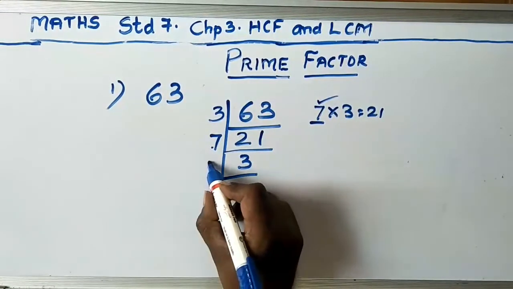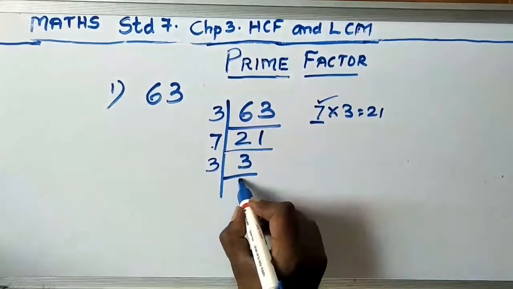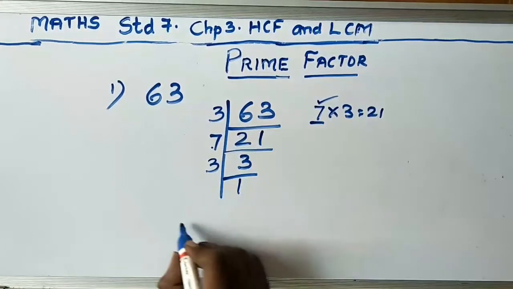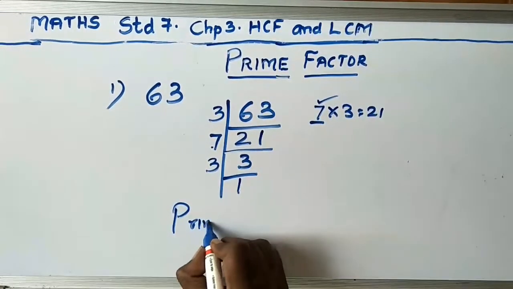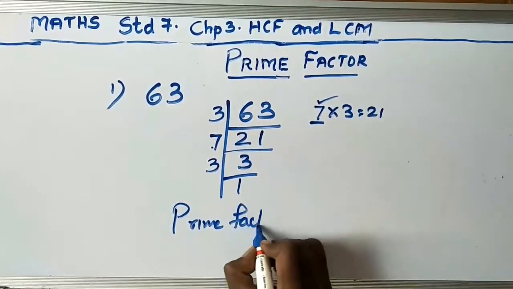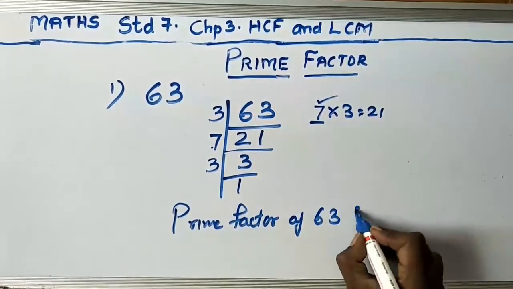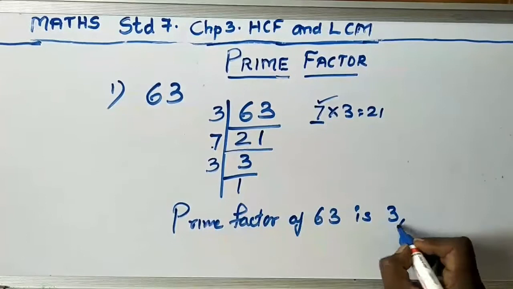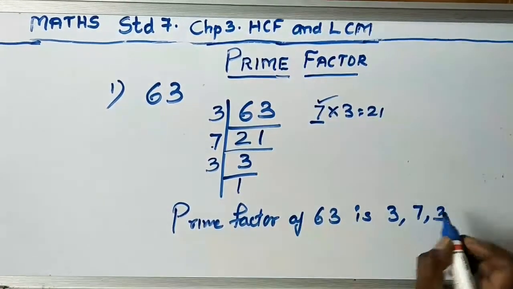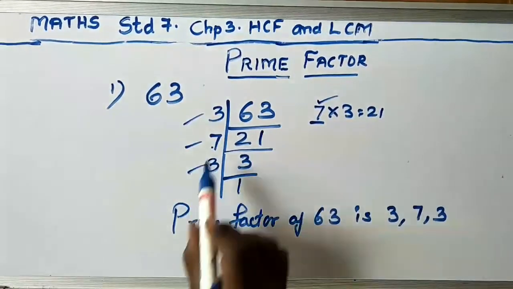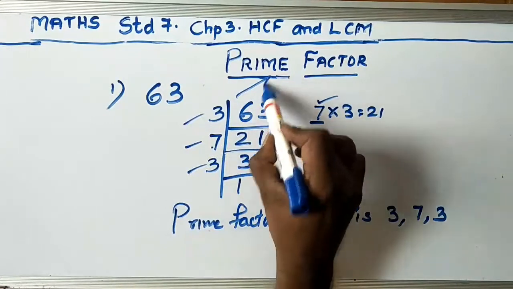Now 3 in 3 table. How many times? 3 ones are 3. You got 1. So your prime factor of 63 is 3, 7 and 3. 3, 7, 3. This is the prime factor.